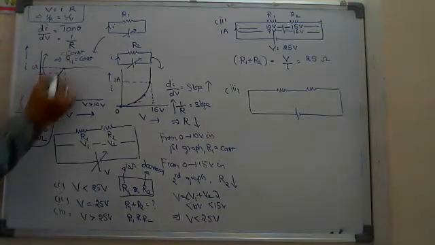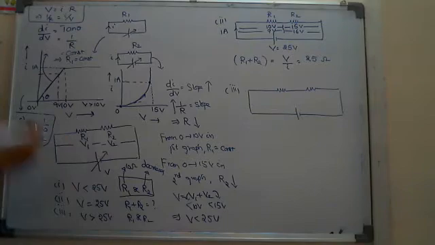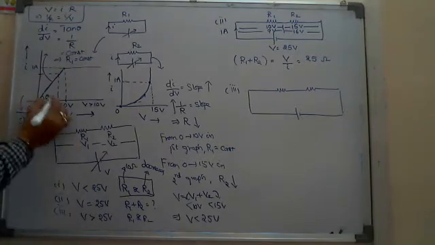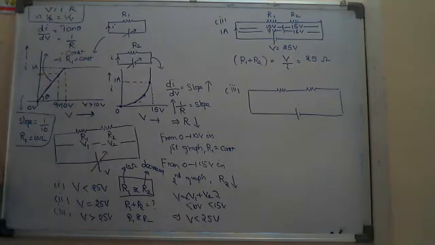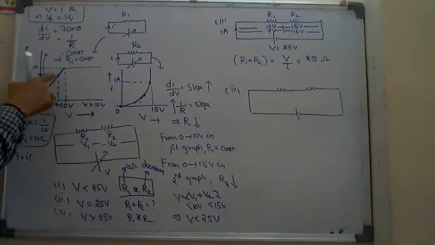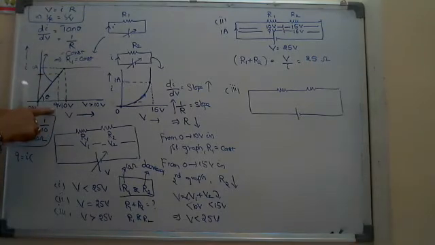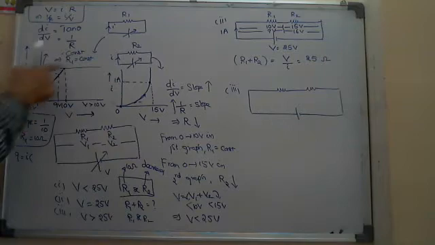Suppose you take it is 9 volts on the first, according to your doubt. Then here the current will be, according to Ohm's law, V equals I into R. Even though the voltage is less than 10, I can say the resistance is constant. It is a straight line passing through the origin.